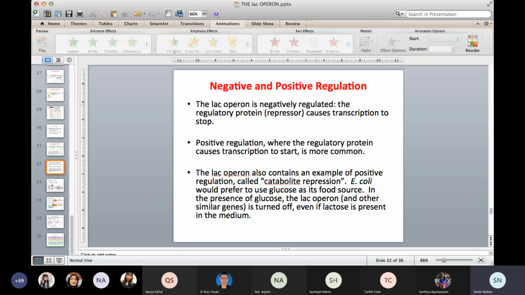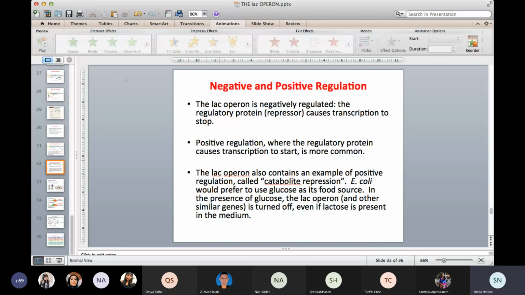So therefore it is negatively regulated by the repressor molecule, which is constitutively being produced. The Lac I is always there. So why is it always there? It's always there because it has to switch off the Lac Operon most of the time, almost all of the time.